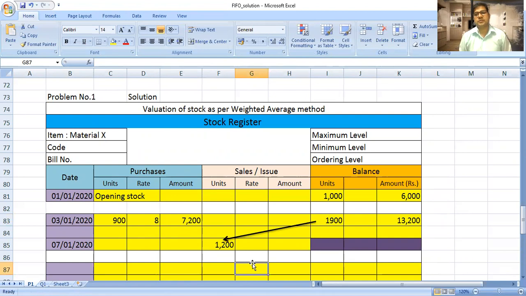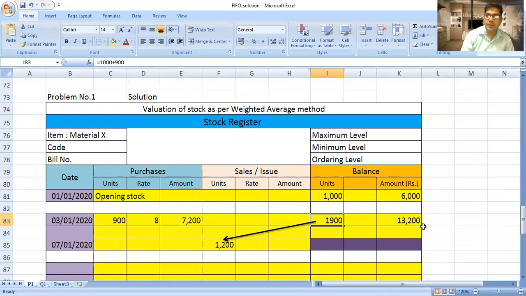Now friends, what will be the rate we have to consider? For that purpose, you take the previous value divided by the number of units, and you will get the rate.